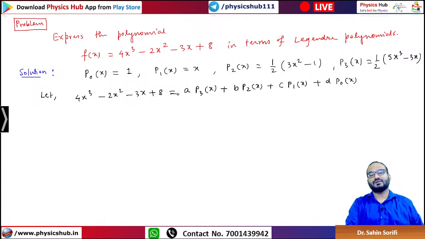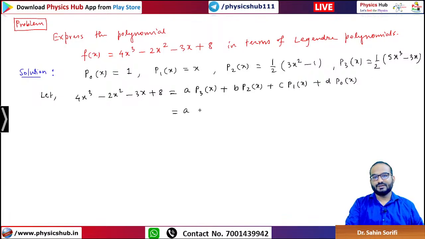So if you are able to find the values of a, b, c, d, then you can easily write it. So we'll put the values and compare both sides, and finally we'll replace the values of a, b, c, d.